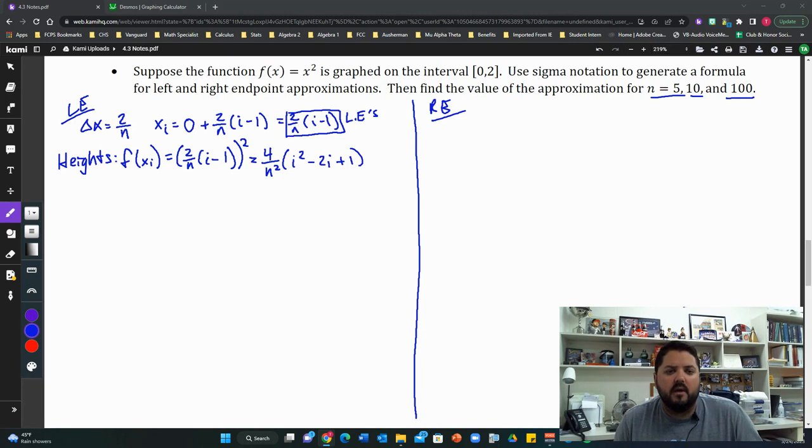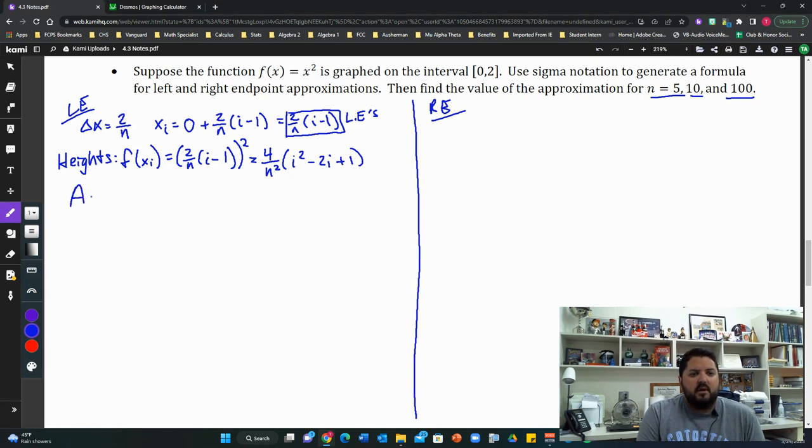Next, if you really think about what we're doing, the general structure of these is based around the idea that area is approximately equal to the sum from the first to the last rectangle, and for each rectangle, we take its height times its width.